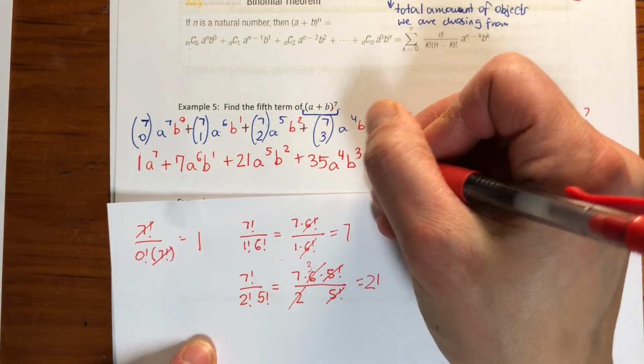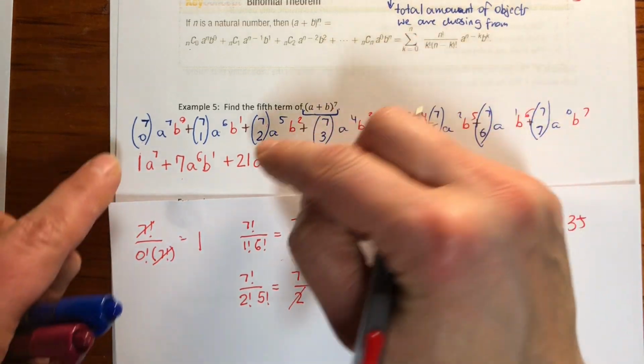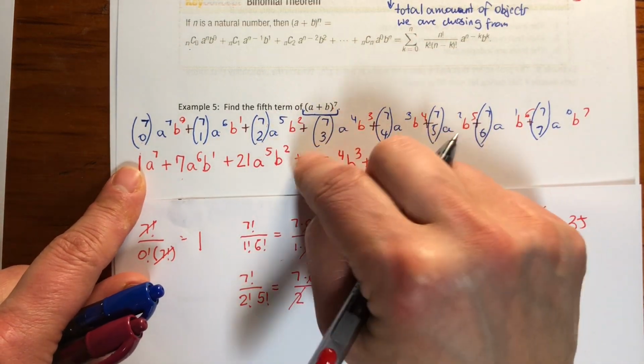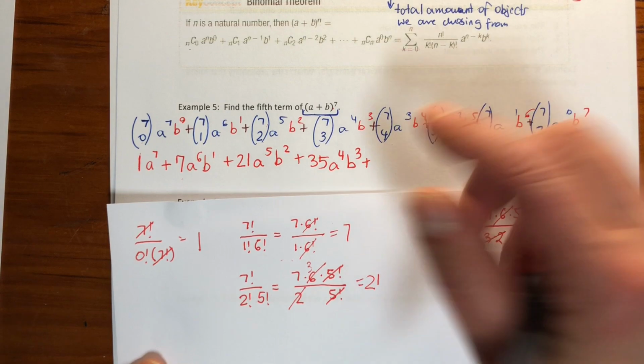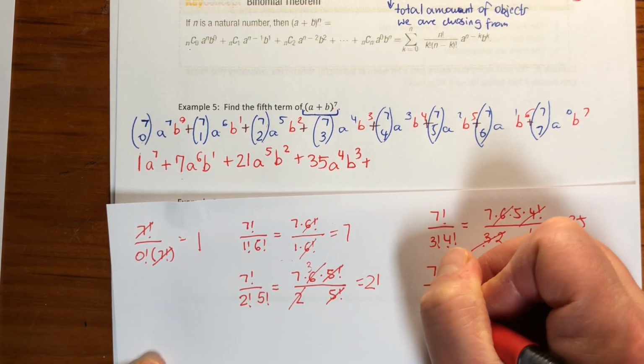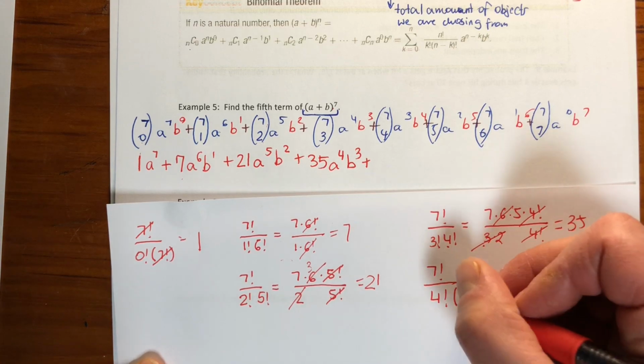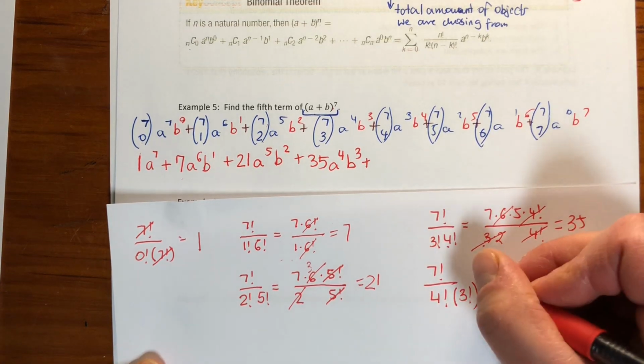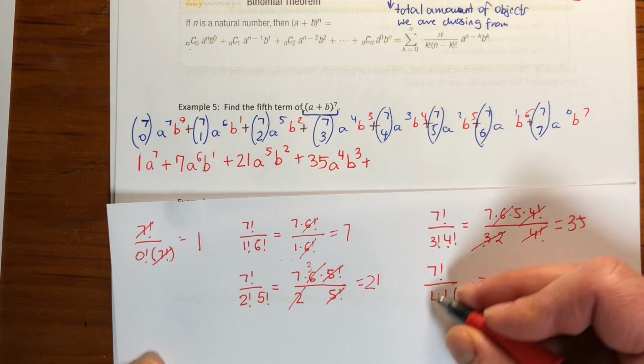All right, now where are we at? I try to keep them one under another, but I think we are on this one right now, 7, 4. So we would have 7 factorial over 4 factorial, and then 7 minus 4 is 3 factorial. So I need to go down to 7.